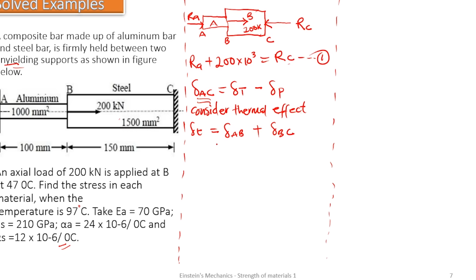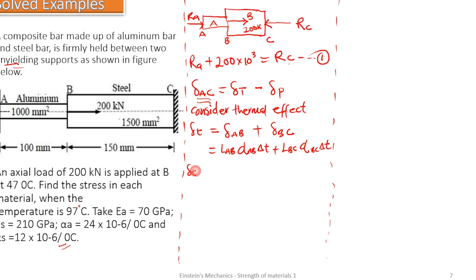B, that way. And how do we find the elongation produced by temperature? We know that it is the length of AB and what? The alpha of AB times what? The change in what? Temperature. The same thing at BC, the length of BC, alpha of BC, and change in what? Temperature.